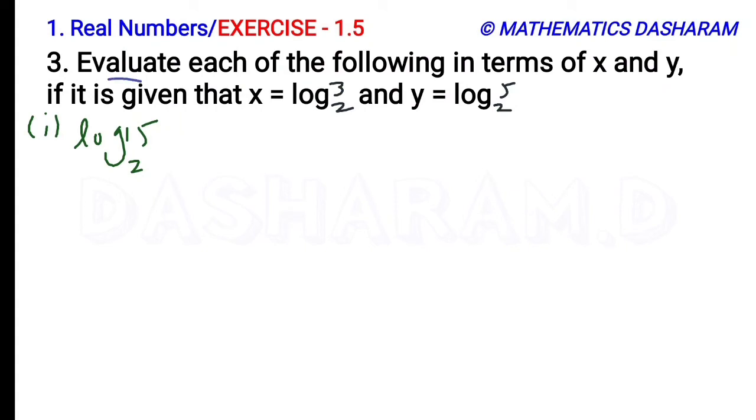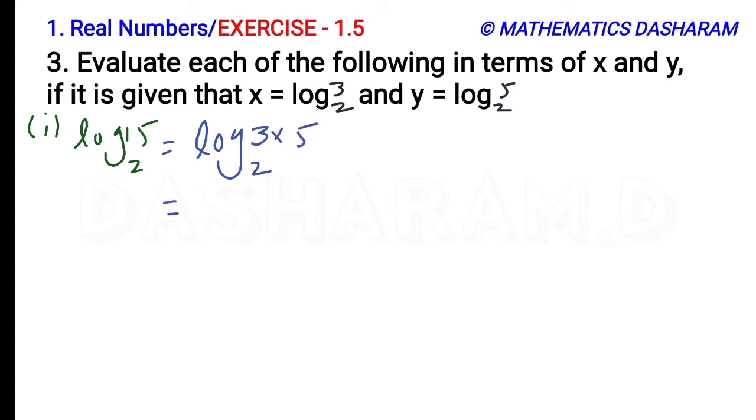Third bit, evaluate each of the following in terms of x and y. If it is given that x equals to log 3 base 2 and y equals to log 5 base 2. So first question, log 15 base 2. So this question write in the terms of x and y, where x is log 3 base 2, y equals to log 5 base 2. So that means 15 can write as 3 into 5 base 2.